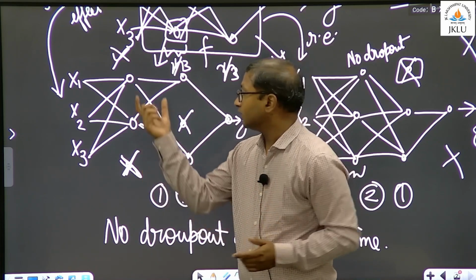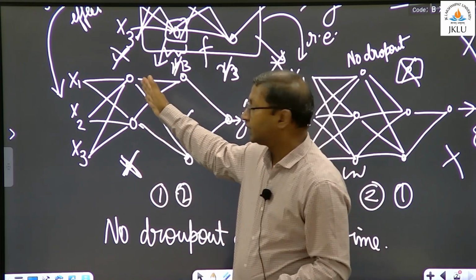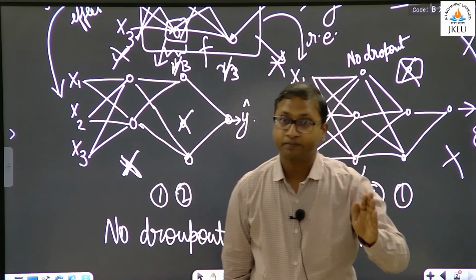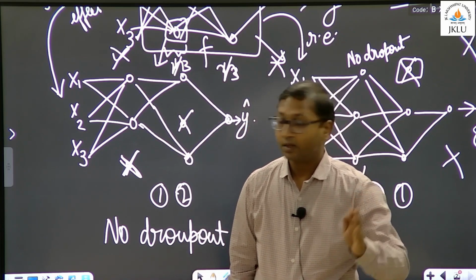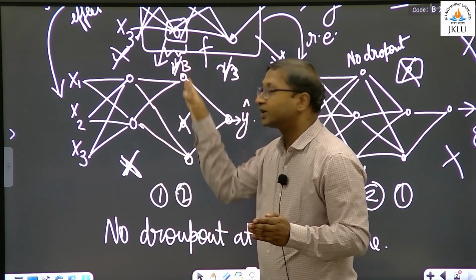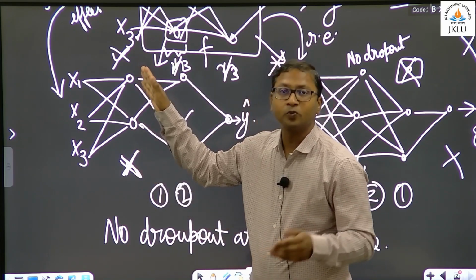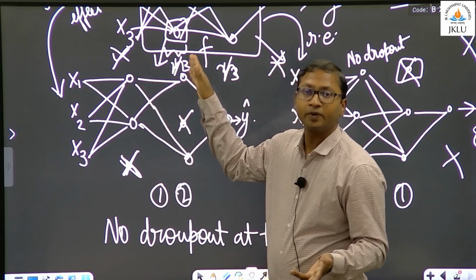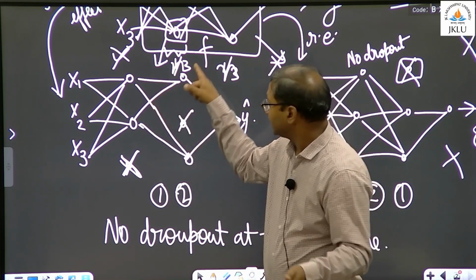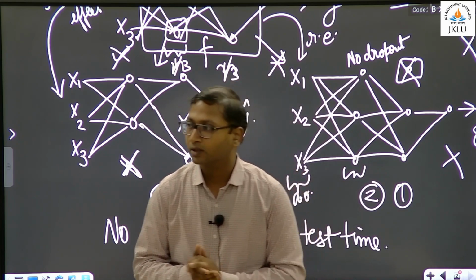If you keep the probability of dropping at, let us say 0.5, what will this mean? If you have 100 neurons here, 50 of them will go away, right. And you can keep different probabilities for different layers. So, here you can have keep prob equal to 0.5, here you can have keep prob equal to 0.2. In this case you will drop statistically half of them, in this case you will drop only 20% of them. Okay.